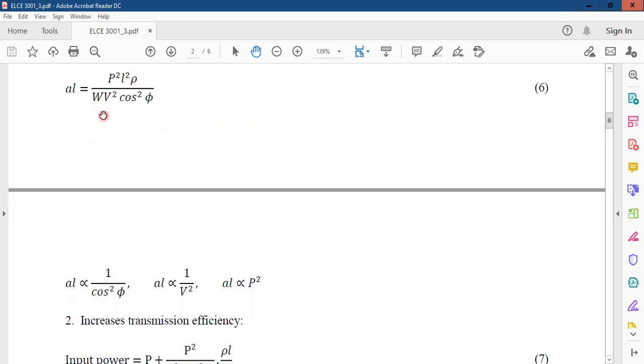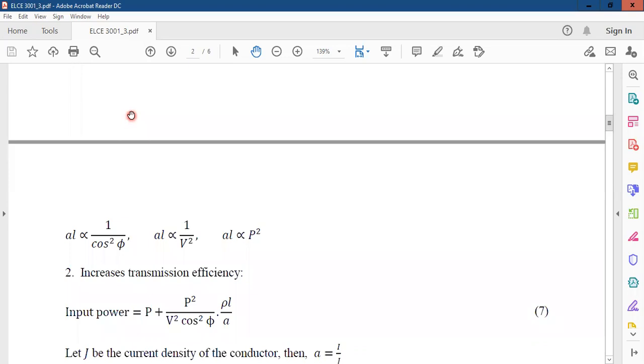This means that the volume of conductor material is inversely proportional to the transmitted voltage, and is also inversely proportional to the power factor. So now we proved that transmitting in high voltage will reduce the volume of the conductor material.